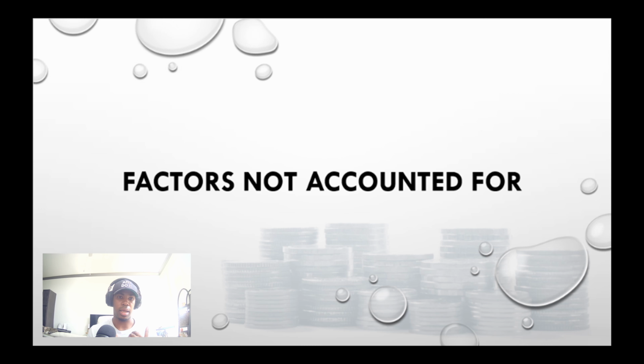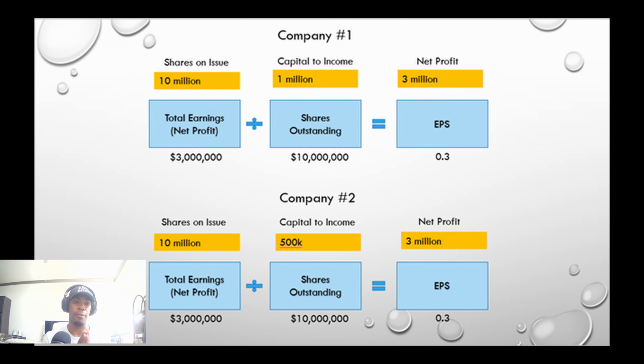Without an increase or decrease in sales, a change in market conditions such as rising or falling interest rates can negatively impact a company's profitability. So an important factor that is ignored when calculating earnings is the amount of capital needed to produce the income.